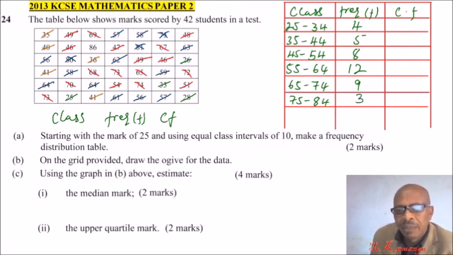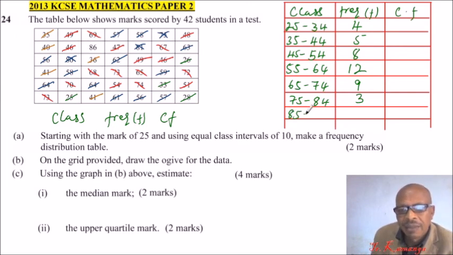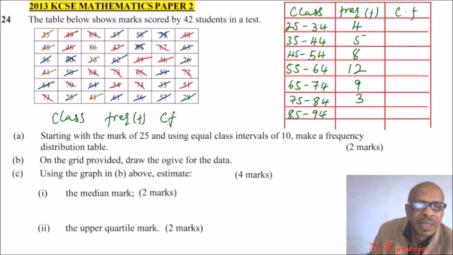So we come here and put 3. We put another row here, and this is a class of 85 to 94. We have one, and another one. I think we have marked all of them.